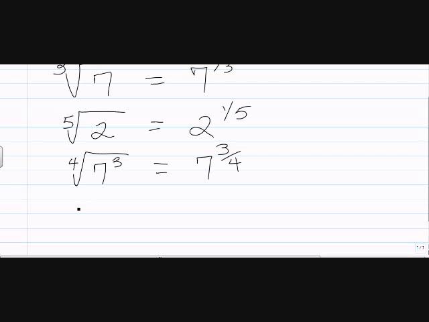And if I have the square root of 8, all of that to the 6th power, that is 8 to the, there's no little 2 in the square root, but we knew there should be, so I put a 2 in the denominator, and that 6th power, whether it's under the radical or outside the radical, still gets to be the numerator.